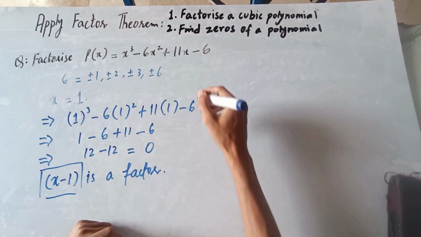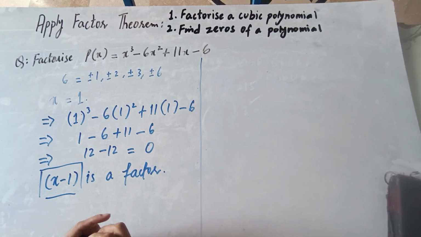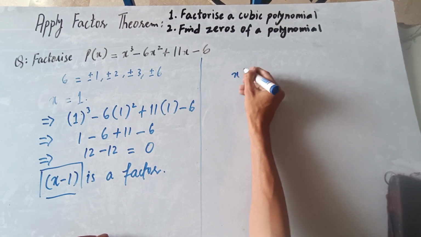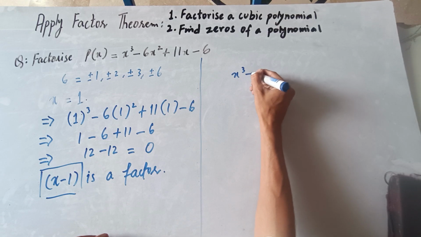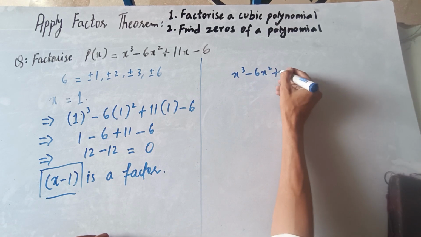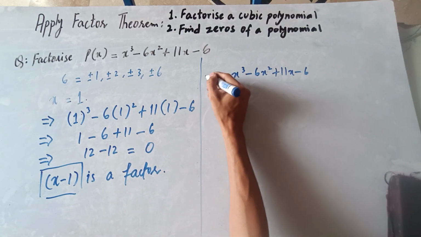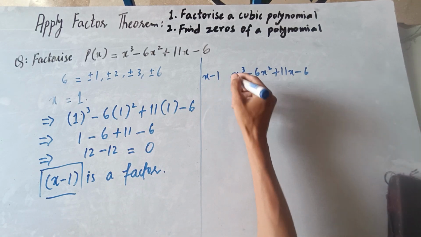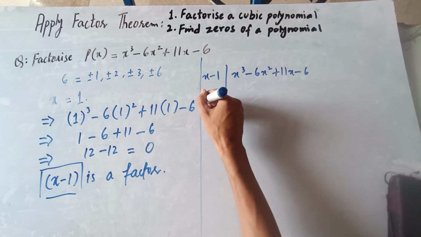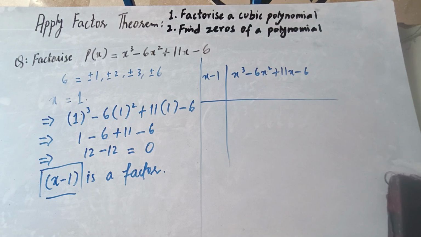So what will we do? We will divide this polynomial by the factor that we got in the first step. So this is the method that we will do.